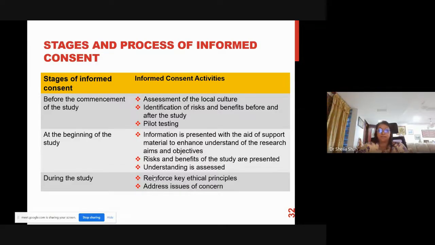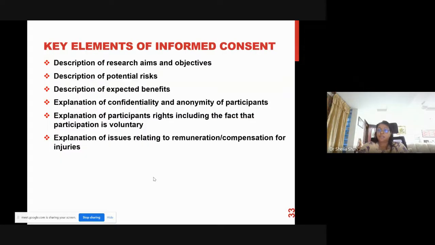At the beginning of the study, you must talk about the risks and the benefits of the study. Understanding is assessed. During the study, address the issues and concerns. In Western countries, ethics are very important. They have their rights, so you must let them know. In Malaysia, it is also the same. Now people are more aware of their rights.